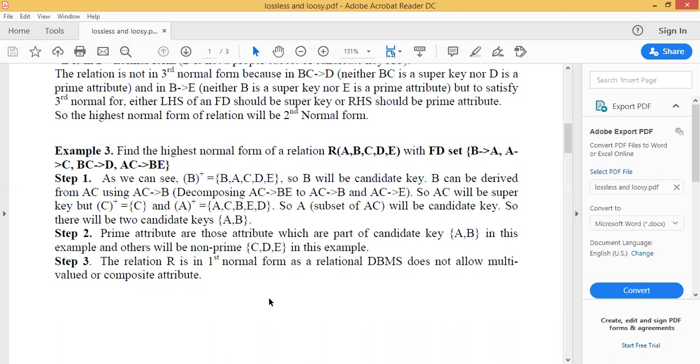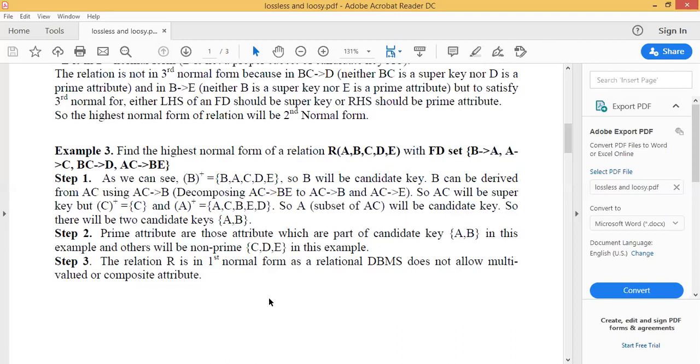So AC will be a super key, but the attribute closure of C, a subset of AC, does not consist of all attributes. So C is not a candidate key, but the attribute closure of A is A, C, B, E, D. So a subset of AC, which is A, will be a candidate key.